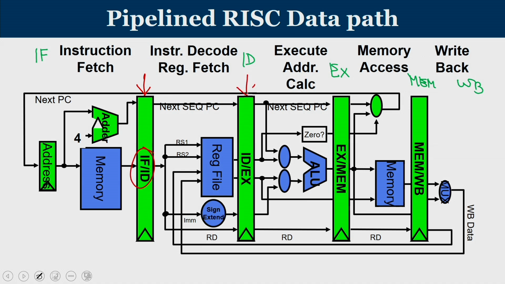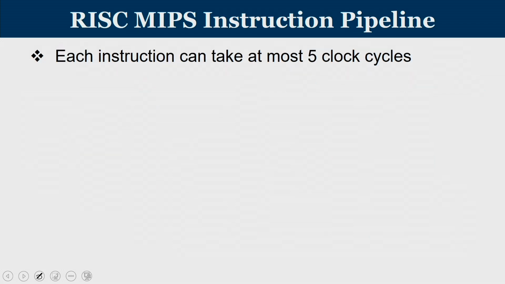This is a register that is between ID and EX, so the name is ID/EX. Similarly, EX/MEM and MEM/WB are the names of the pipeline registers. We will now try to see each of these substages in detail and try to understand what operations are being done.